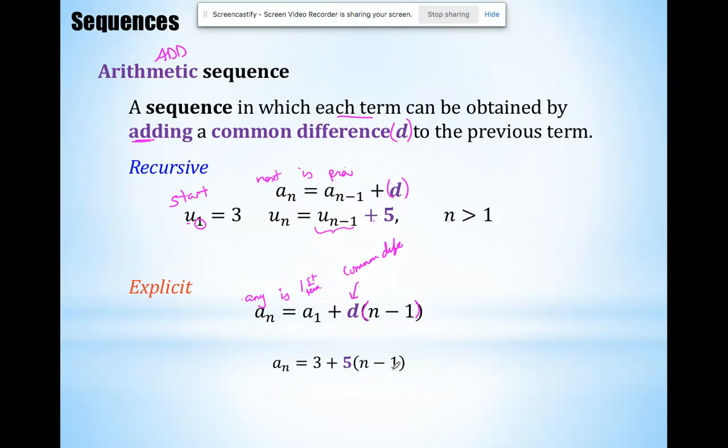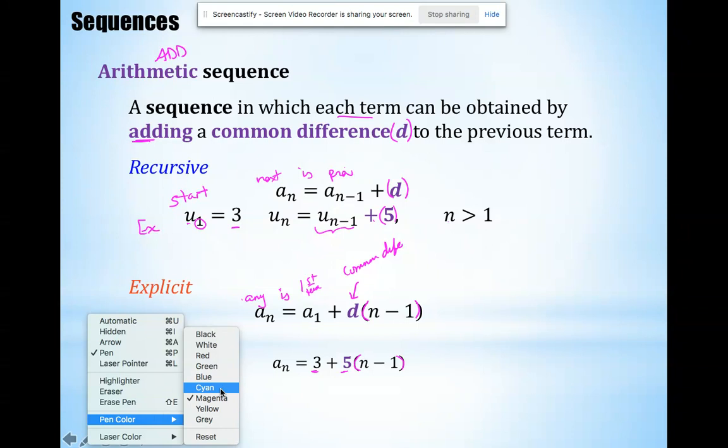Wait, that looks familiar. For our example, any term is equal to the first, 3, plus the common difference 5 multiplied times n minus 1. What does that look like?